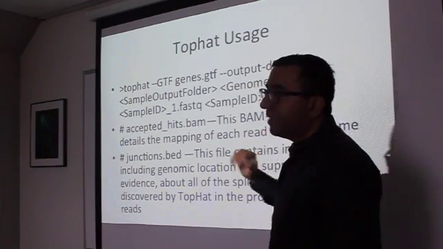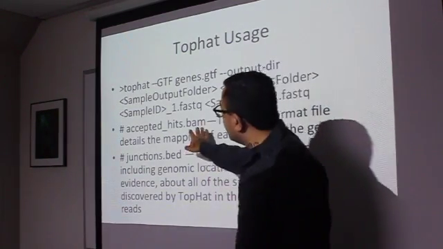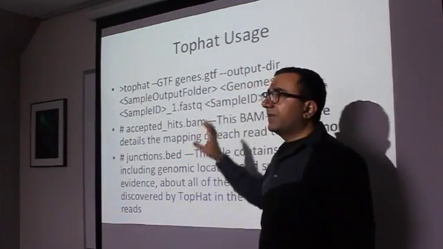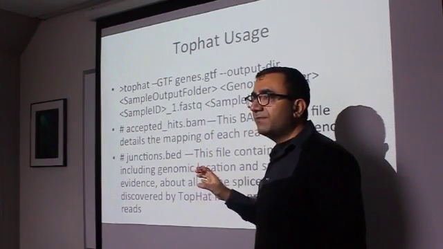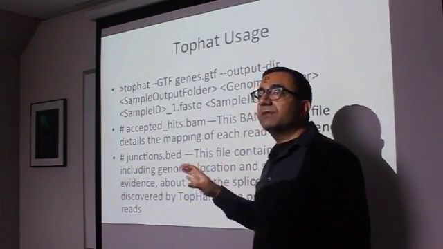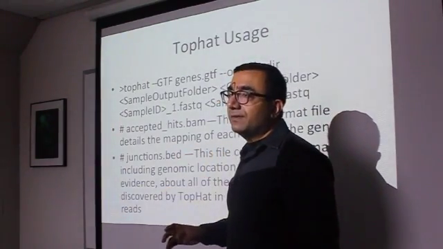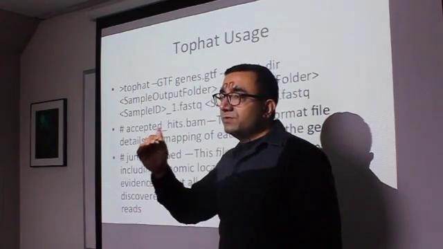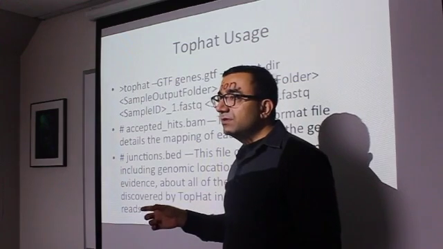In terms of the output for your aligner, this file, accepted_hits.bam, are you familiar with the SAM format and the BAM format? I mentioned it briefly, but we'll go over it in the next class. Think of it as a sequence alignment format where, apart from just your read sequence, it specifies the location where it mapped to.